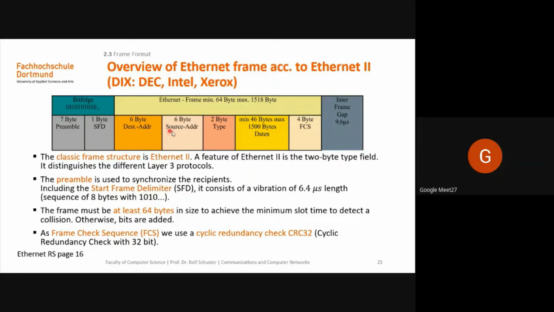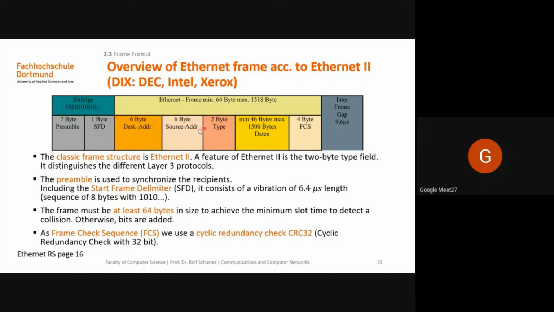Well, then in the Ethernet 2, we have two fields, destination address and source address. Here the sender places or codes MAC addresses.